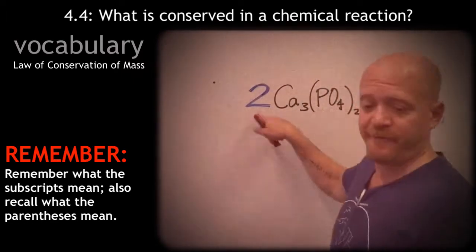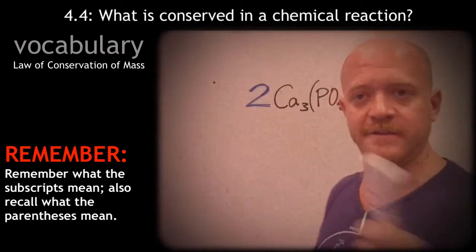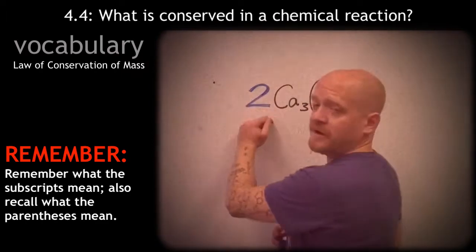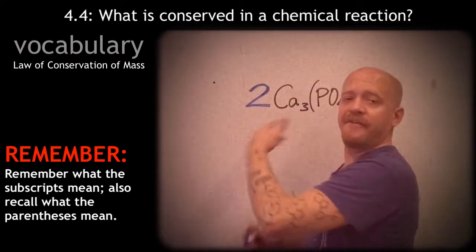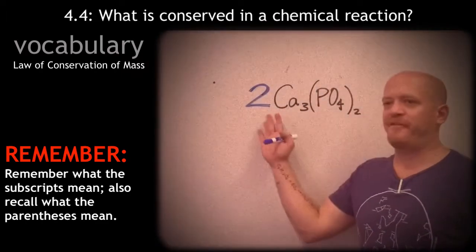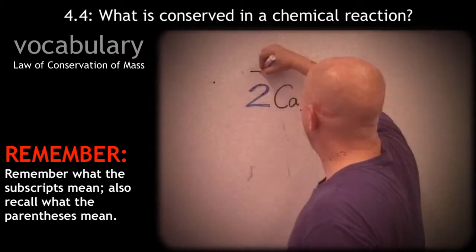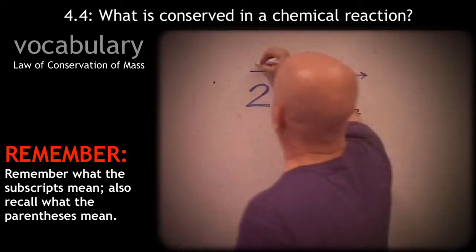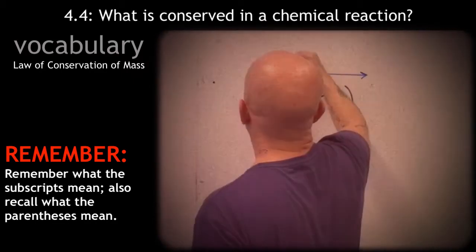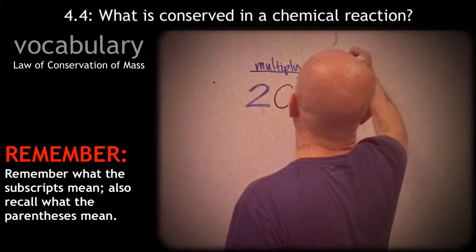Now, because of the law of conservation of mass, you're going to have to put numbers in front of a compound. If you put a number in front, this number refers to everything behind it. So everything back here is multiplied by 2.